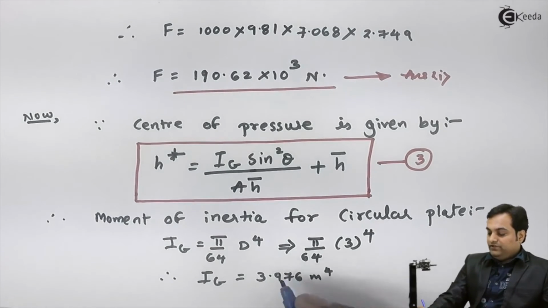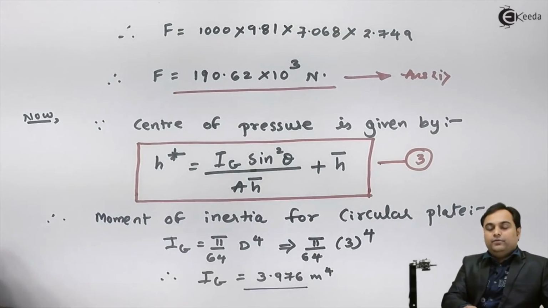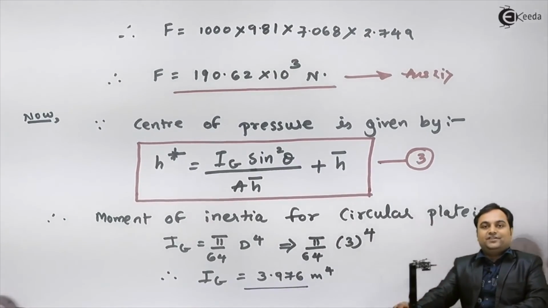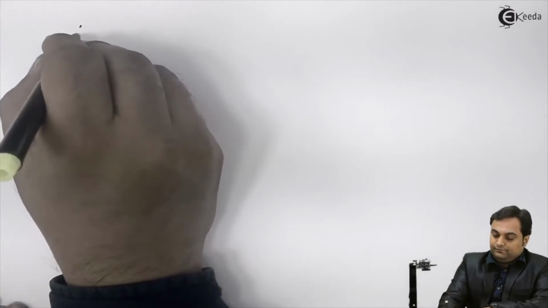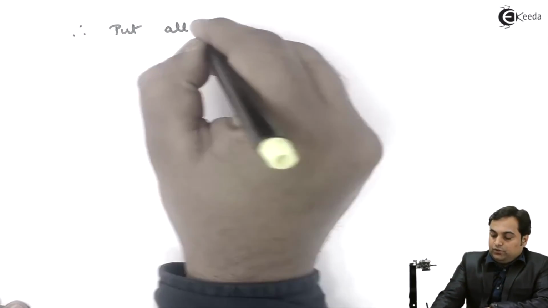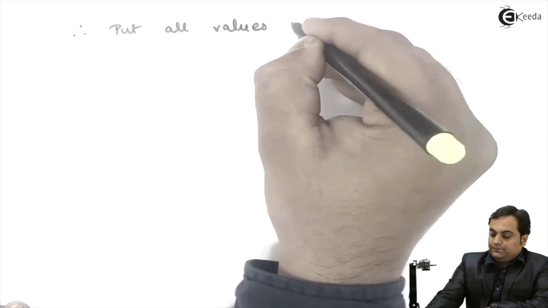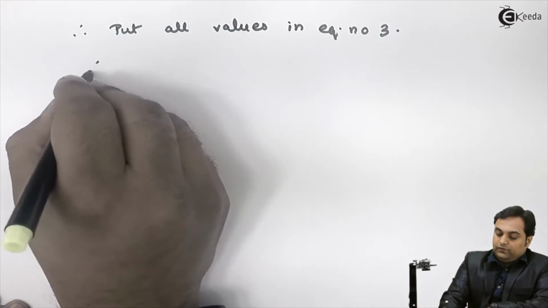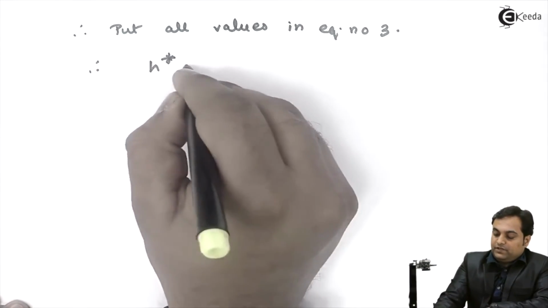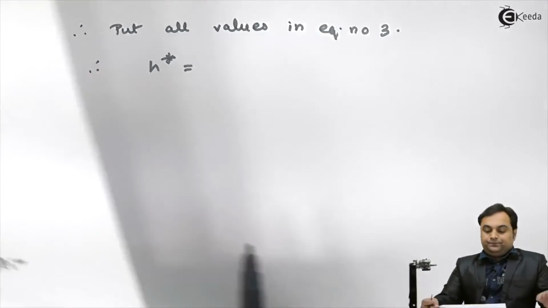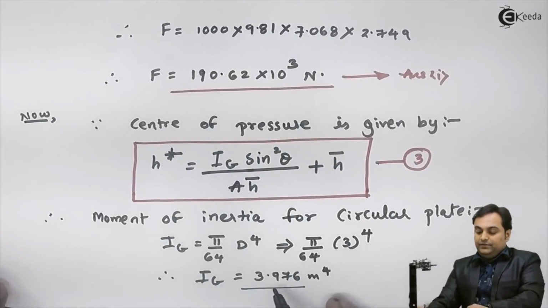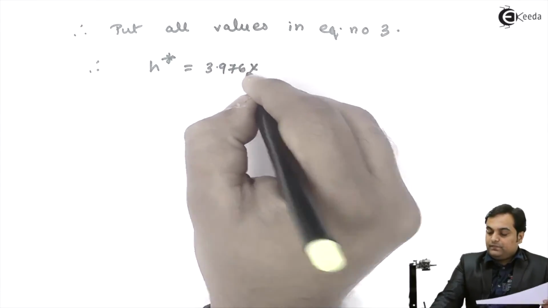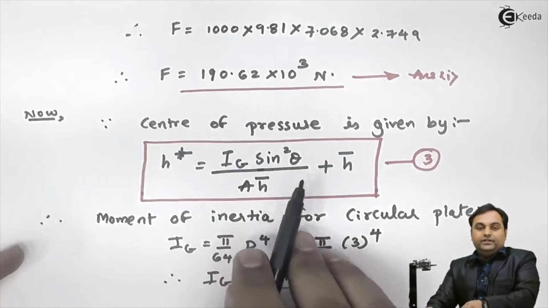Now after getting the value of moment of inertia, I'll put all values in equation number 3 and get the answer of H star. So therefore H star will be equal to Ig, that is 3.976, into sine square theta.